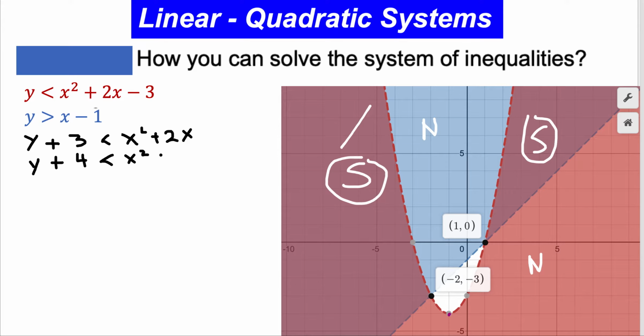I'm taking a shortcut, I'm not going into every detail. And now x squared plus 2x plus 1, we already know this is a squared trinomial. Because this is a squared trinomial, we can write it in this form: x plus 1 squared.